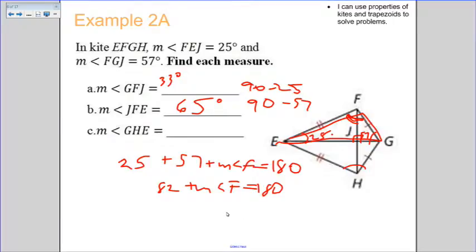I'm going to subtract 82 from each side, and I'm going to get the measure of angle F equals 98. And because angle H is the same as angle F, we're going to get 98 degrees. Sound good?